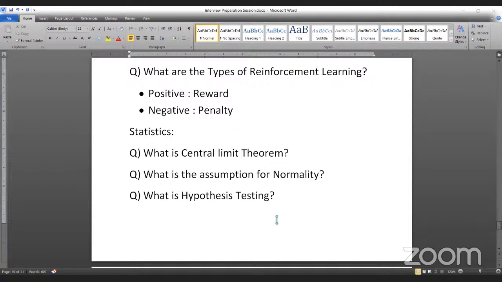Hypothesis testing in statistics is used to see if a certain experiment is true or not. We make a statistical statement and we see if the statistical statement is significant or not.